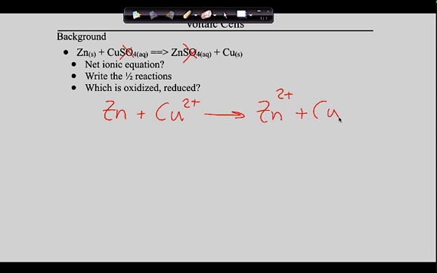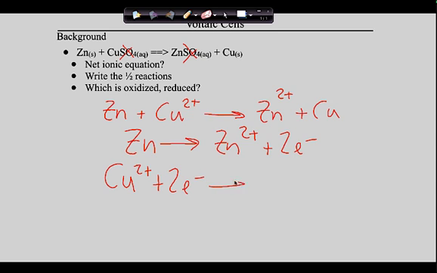So let's then talk about our half reactions. If zinc is becoming zinc 2+, is zinc gaining or losing electrons? Losing. So that would be zinc yields zinc ion plus 2 electrons. Then guys, copper 2+ is gaining 2 electrons and it is becoming copper metal.